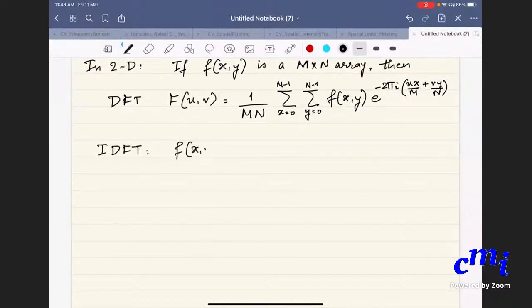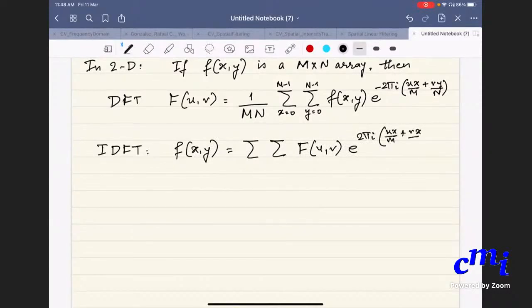Small f(x,y) given capital F(u,v) is the sum of capital F(u,v) e raised to 2 pi i times (ux by m plus vy by n), where v goes from 0 to n minus 1, u goes from 0 to m minus 1.